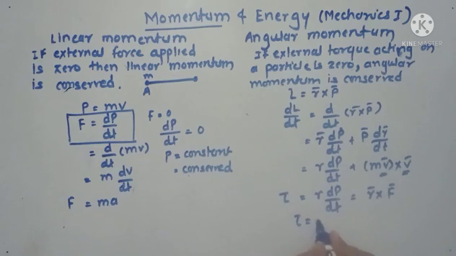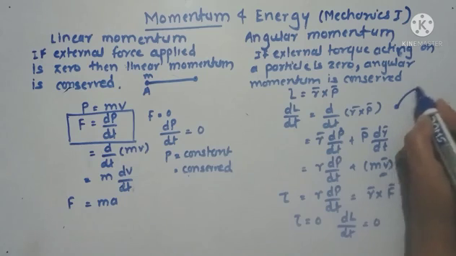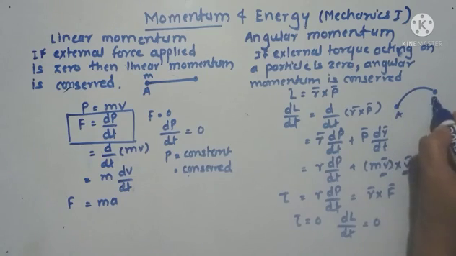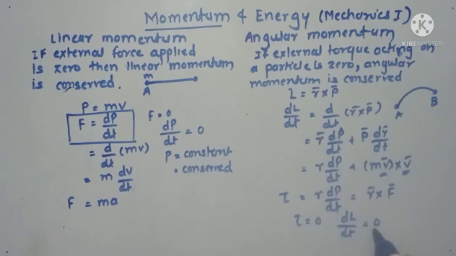So if tau is equal to 0, then dL upon dt will also be equal to 0, which means that if the torque applied on a particle following some trajectory path is zero, then the angular momentum is conserved, as the derivative of the term is 0, so that term is conserved. These are the laws of conservation of the linear momentum and angular momentum for a single particle.